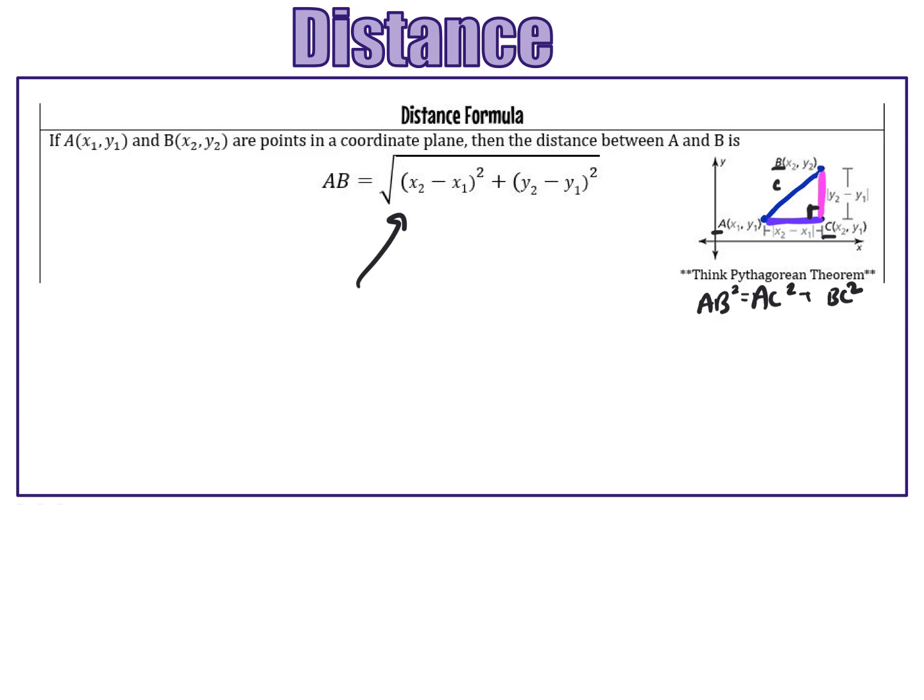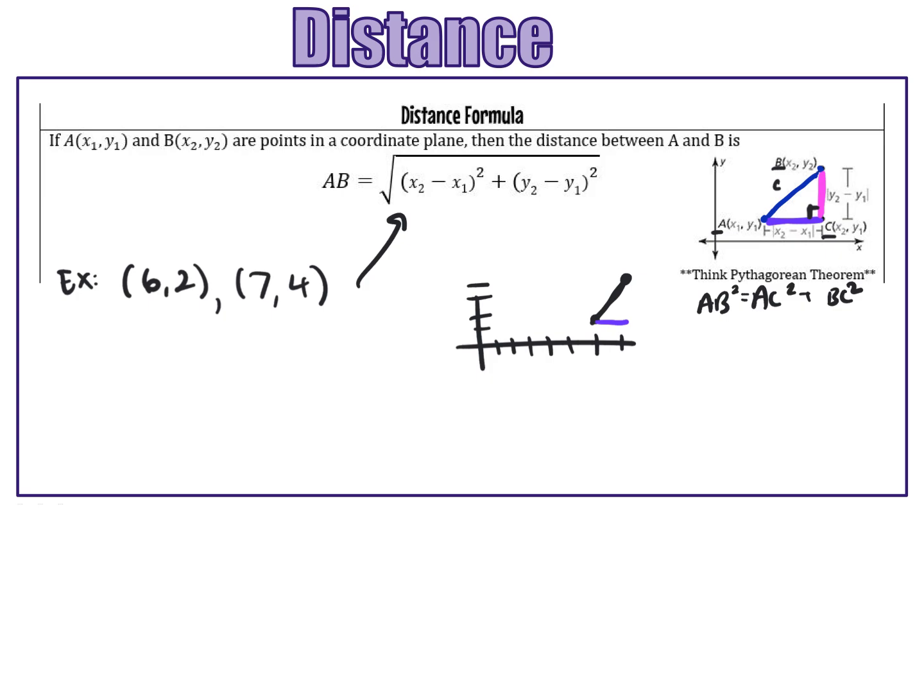So let's look at a quick example here. If we were given 2 coordinates, visually, we could quickly sketch a graph. And once we have the graph, we can see what's happening with our change in x and our change in y. So our change in x here, we're going from 6 to 7, that's 1. Our change in y here, we're going from 2 to 4, that's a change of 2.